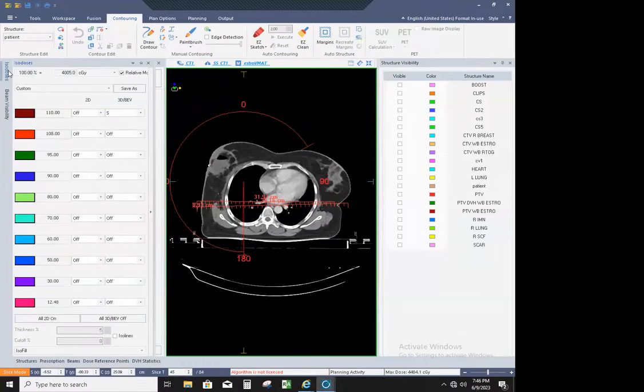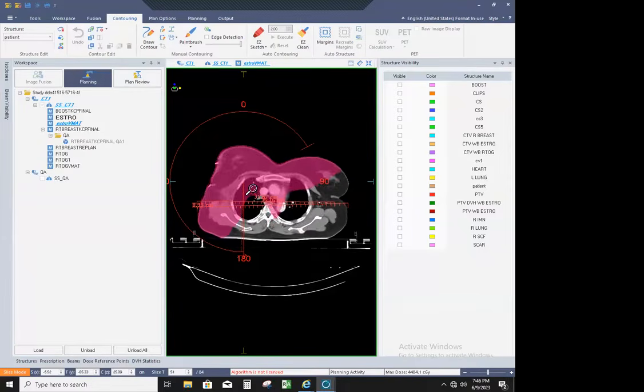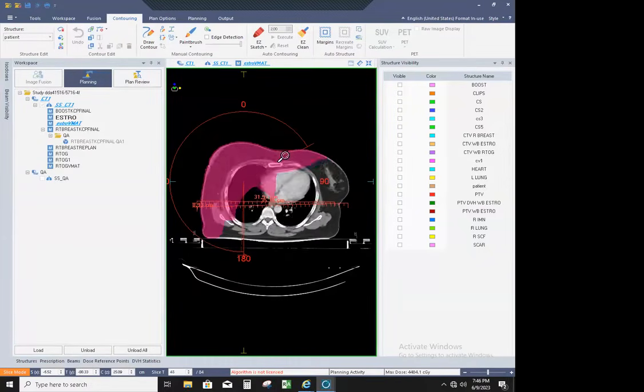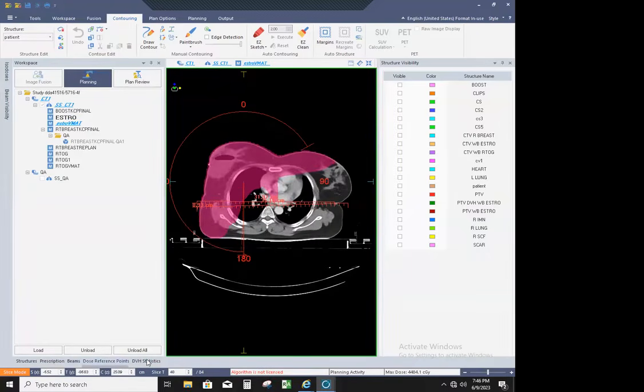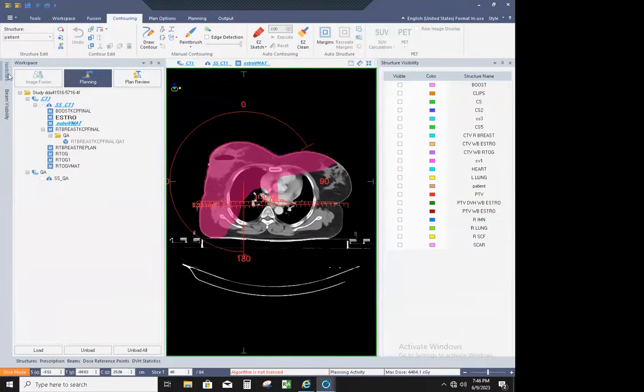So you have to follow properly, see the 5 Gray volume, how it looks, how it is distributed in the area. If you see, this 5 Gray volume is confined to the same breast only, and not going to the heart area and opposite lung. Always look for the 5 Gray volume or 10 Gray volume. So this is the 10 Gray volume.